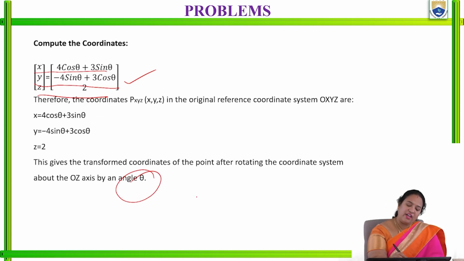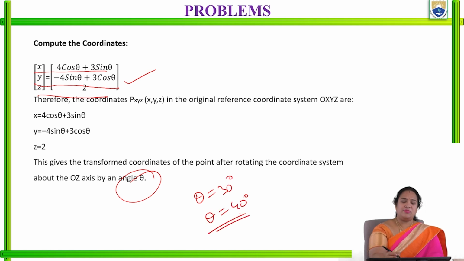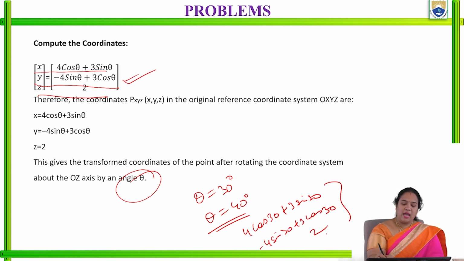Now here, if they give theta is equal to 30 degrees or theta is equal to 40 degrees, we will substitute these values in this expression, that is 4 cos 30 plus 3 sin 30, or minus 4 sin 30 plus 3 cos 30, and 2. And we will write down the overall equation with respect to the angles.